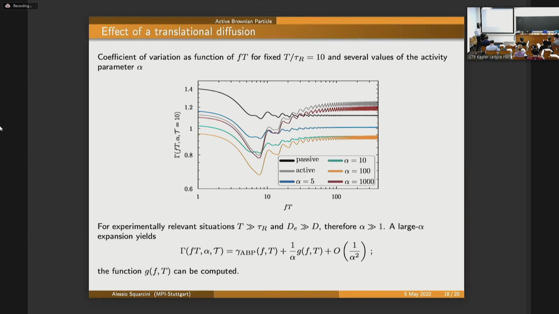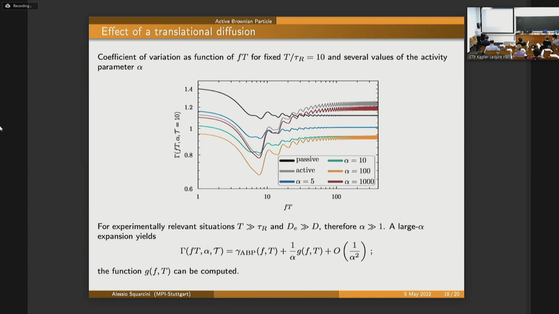So this is the chart for the coefficient of variation as a function of the scaled frequency, depending on this activity parameter alpha. As you see, black is the passive case, which is this curve here. So we observe there is a really non-trivial, non-monotonous dependence on the degree of activity.